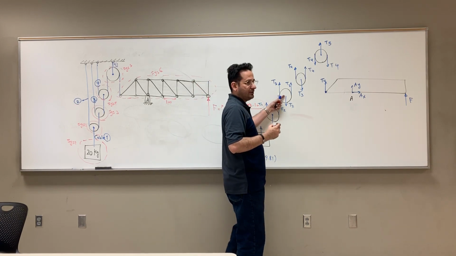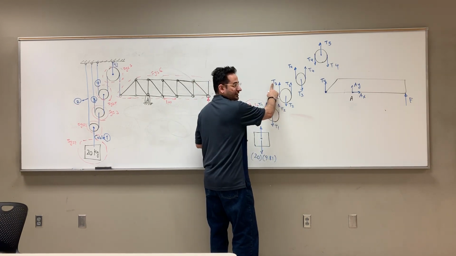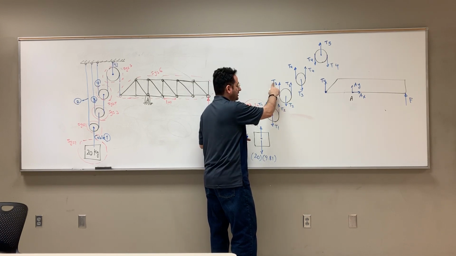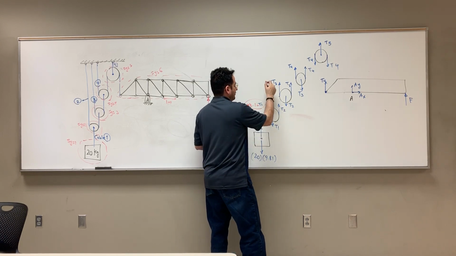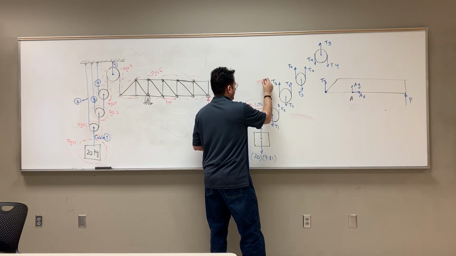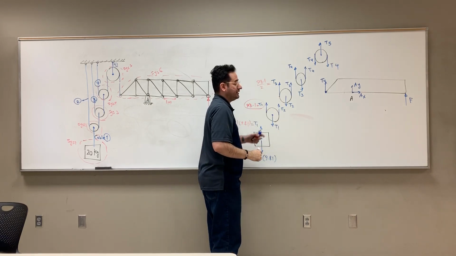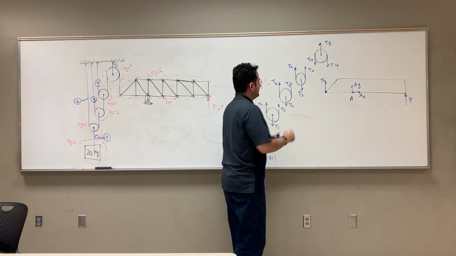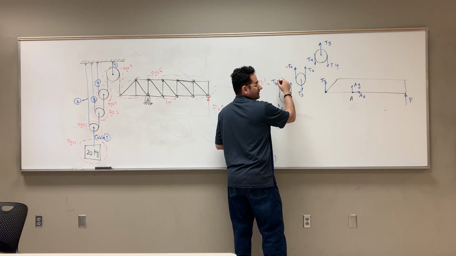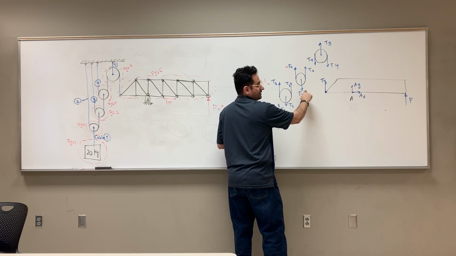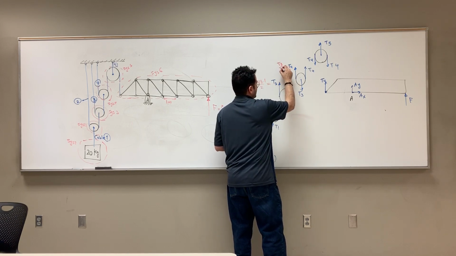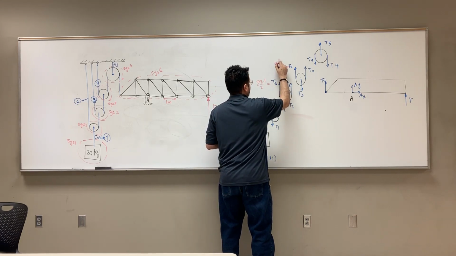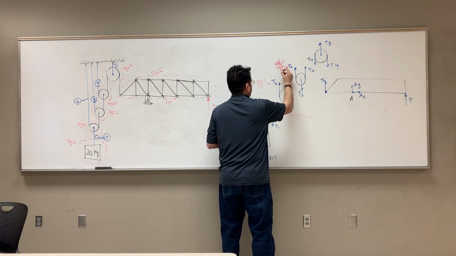Now next system. What do I get for T3? 2T3 is equal to T2. So T3 is half of 98.1, which is 98.1 divided by 2. Now if you go to this guy, what about T4? T4 is equal to T3 divided by 2. And T3 is this, so that's going to be 98.1 divided by 4.